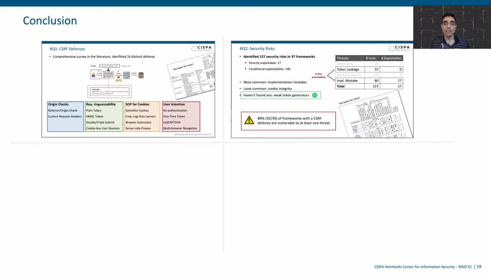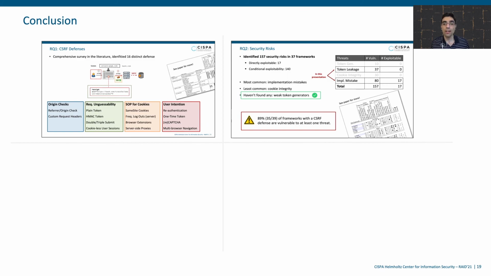Then we evaluated the source code of the 44 most popular web frameworks of the top 5 web programming languages and identified a total of 157 threats across 4 threat categories, that is, token generation, token leakage, cookie integrity, and implementation mistakes. Out of the 157 security risks, 17 are directly exploitable and the rest are exploitable only under the default configuration of the web framework.